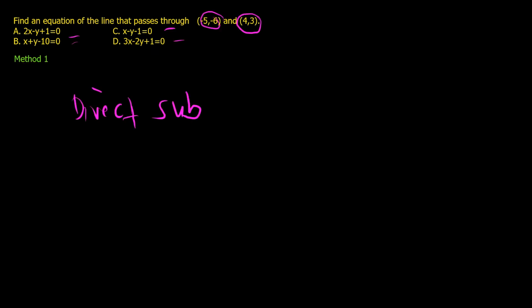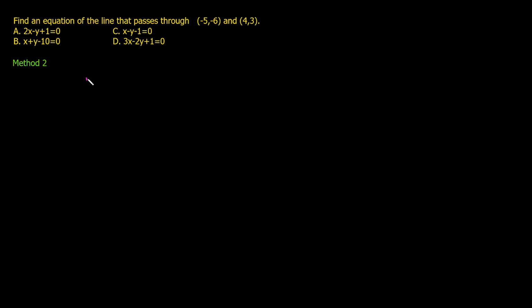Method number 2 is the calculator technique, using mode 5.1. In mode 5.1, you input point 1 and point 2: x sub 1, y sub 1, 1, then x sub 2, y sub 2, 1.